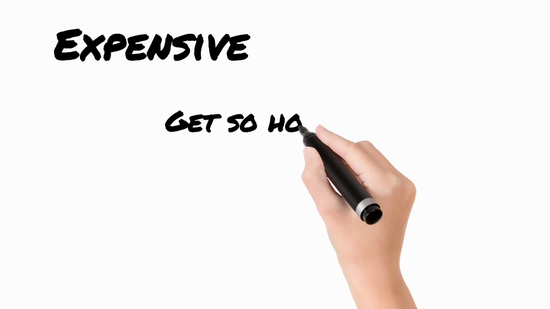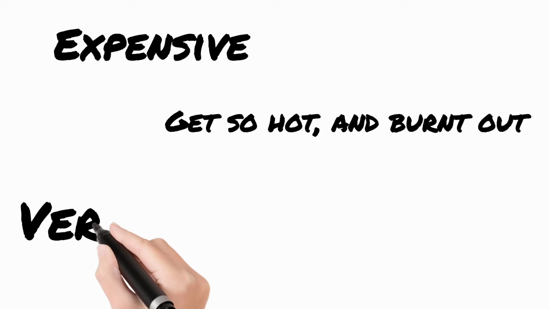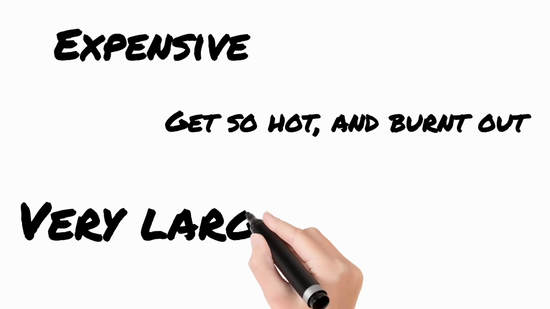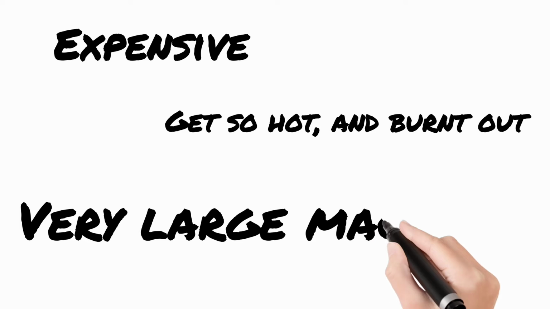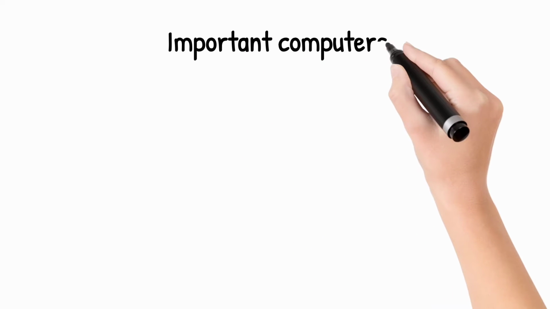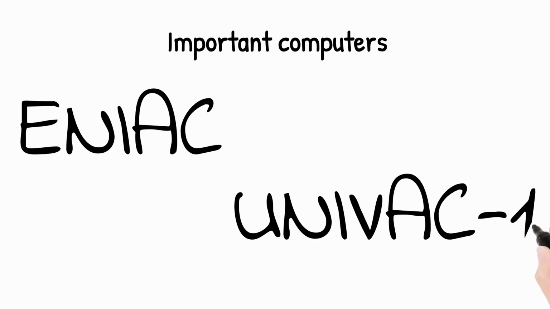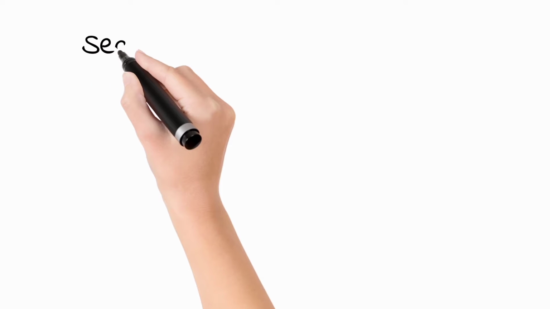Vacuum tubes get so hot that they burn out. Computers of this generation were very large machines. Special air-conditioned rooms were needed to house them because of the heat generated by the vacuum tubes. The most important computers were ENIAC and UNIVAC 1.